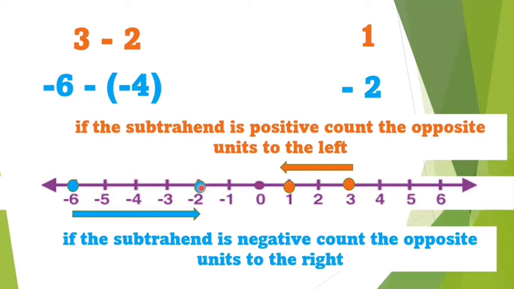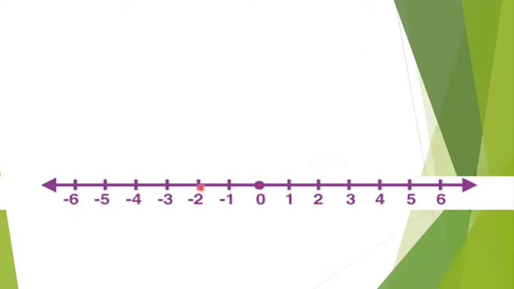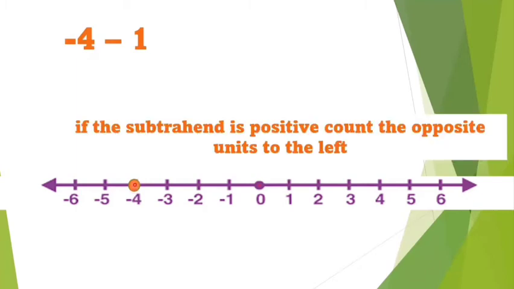Very easy. Now, para mas maintindihan, we still have examples here. We have negative 4 minus positive 1. Let us plot the minuend, which is the negative 4. And since we have the positive subtrahend, we're going to count units to the left.